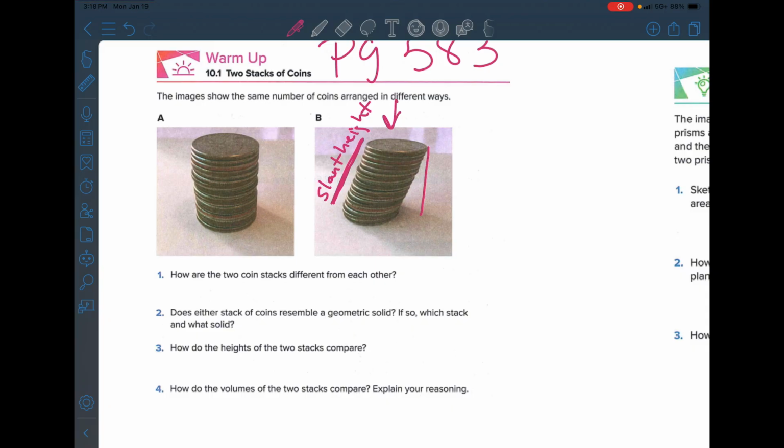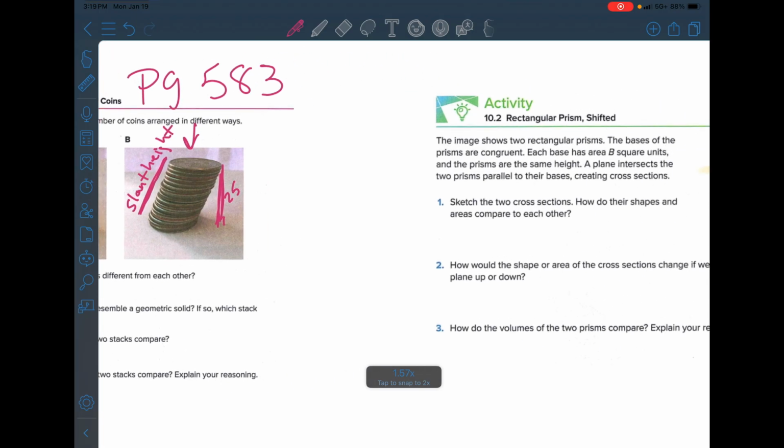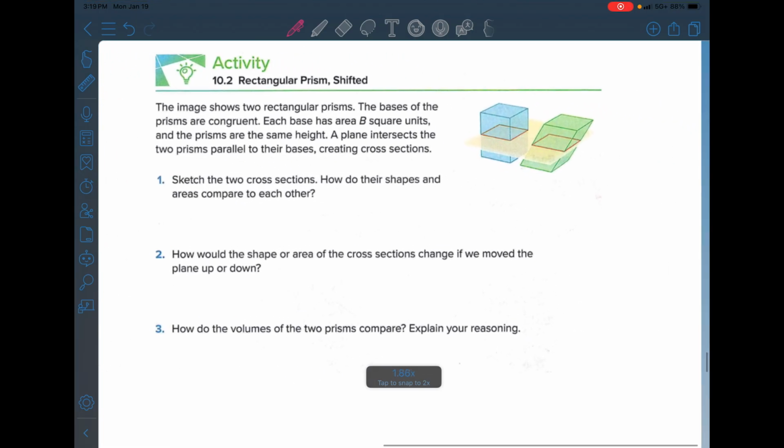So if this height were 25, then this height, and it makes a right angle, would also be 25. So the heights will be the same, and then the volume would still be the same. Just because it's leaned over like that, because our height right here is the same amount, it's going to be the same.